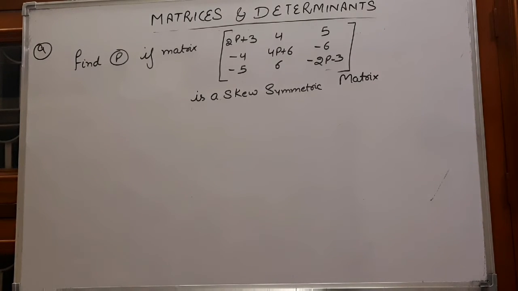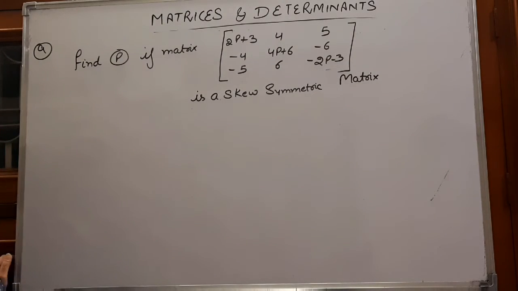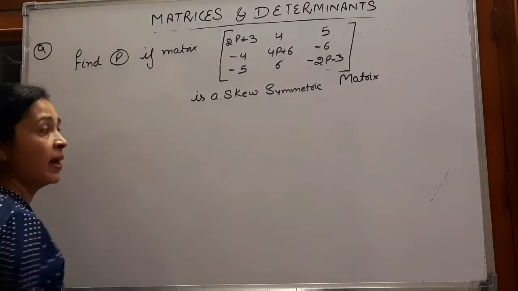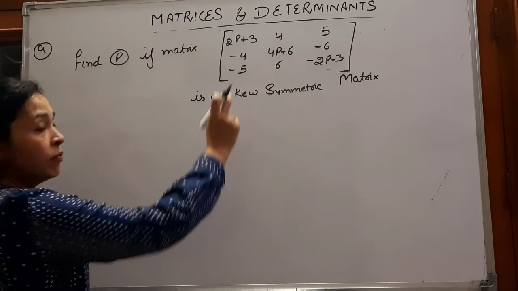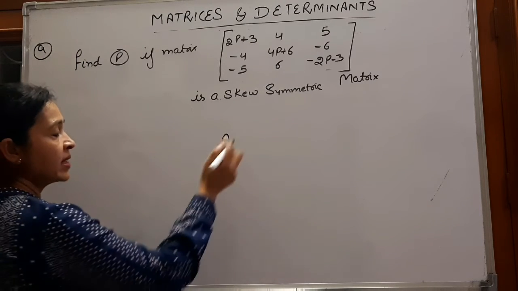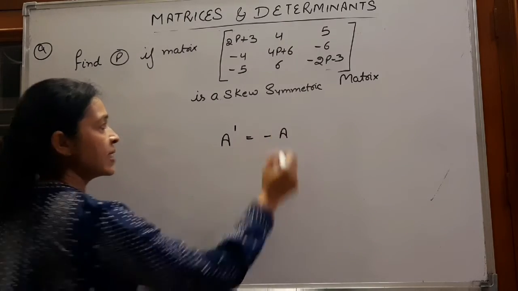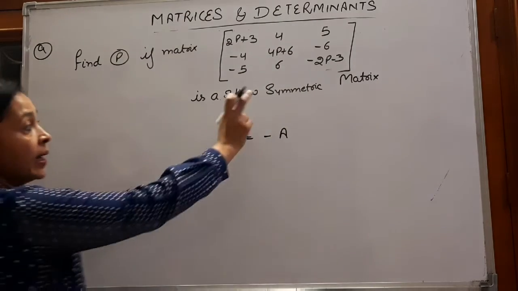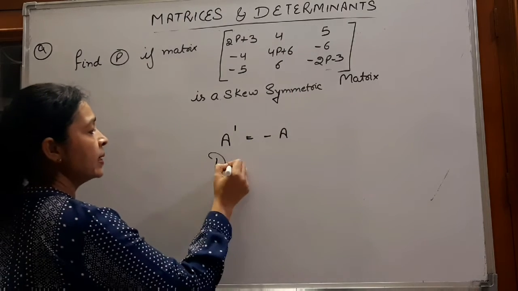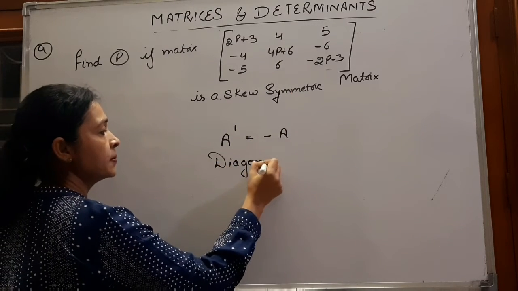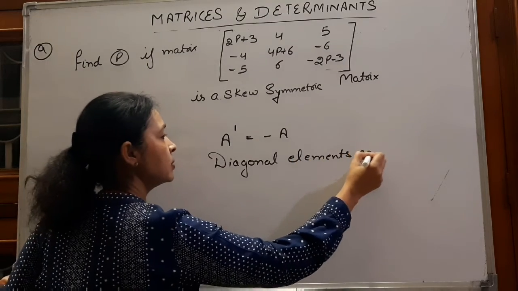Find P. If a matrix is given and this is a skew symmetric matrix. A matrix is a skew symmetric matrix if we have a matrix A and we know that it is a skew symmetric matrix, it means the transpose of A will be minus A. Another property of skew symmetric matrix is that the diagonal elements are 0.